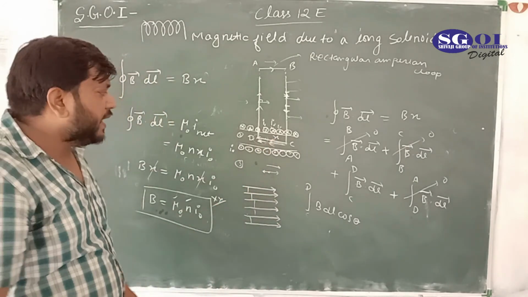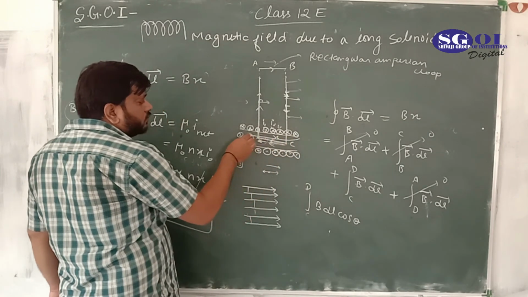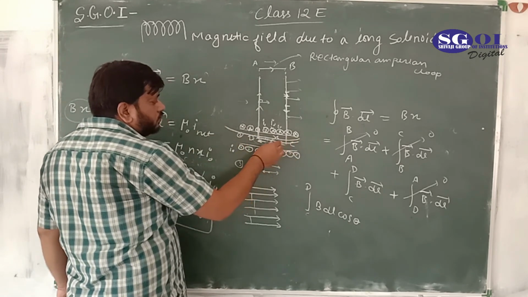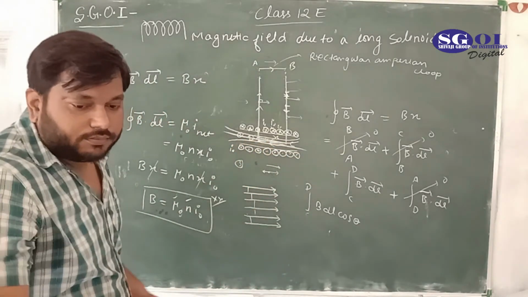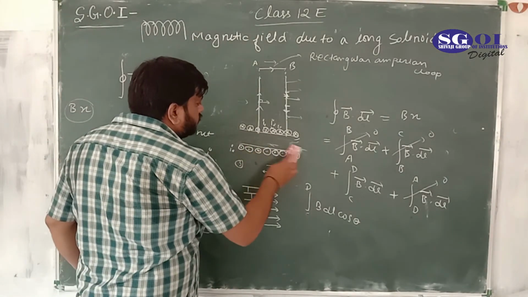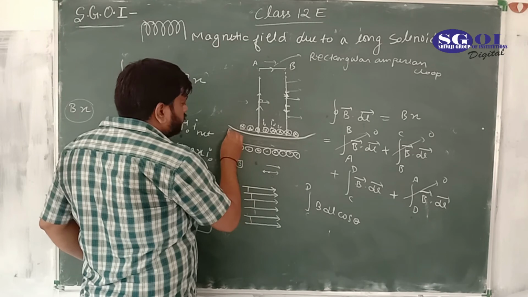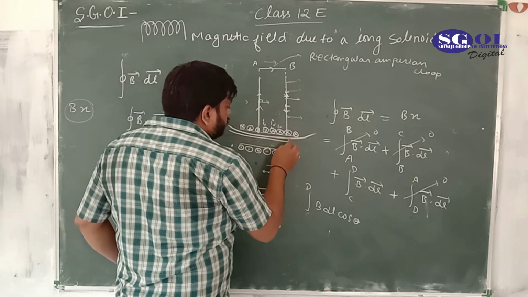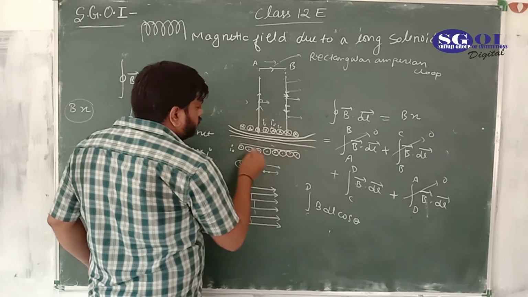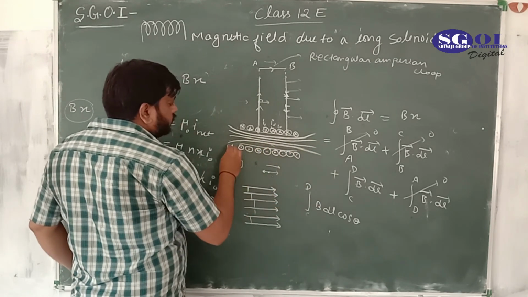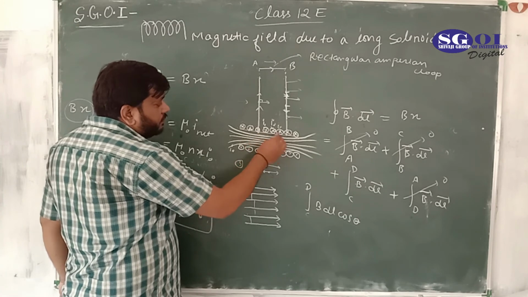In the same way for the magnetic field, how would we draw the magnetic field inside this? You are seeing here, direction is like this.